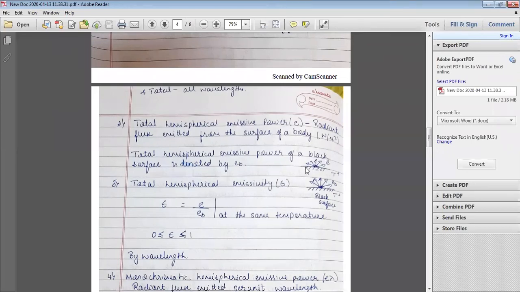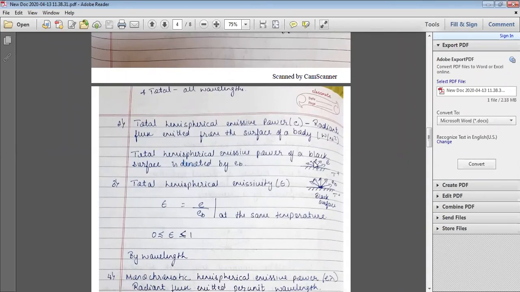Say for example, I take this as a surface, at a particular temperature, and it is emitting rays in all directions, encompassing a hemisphere.